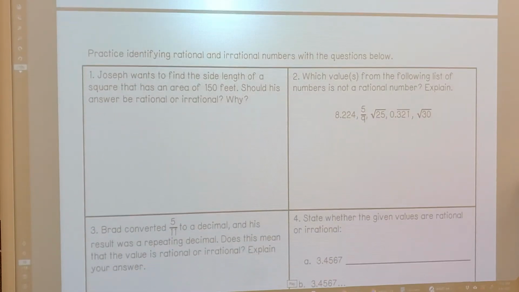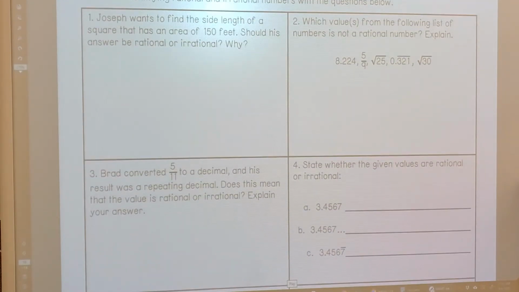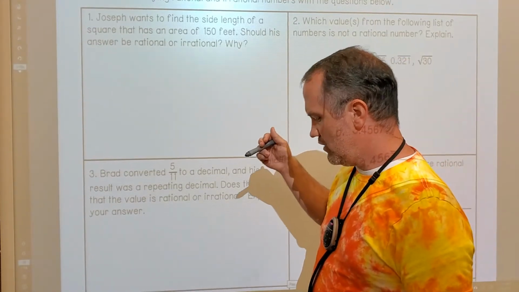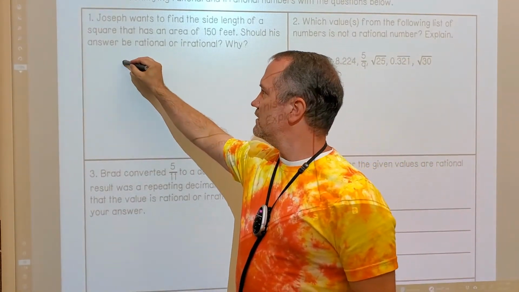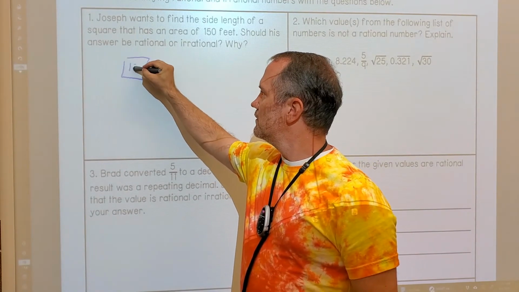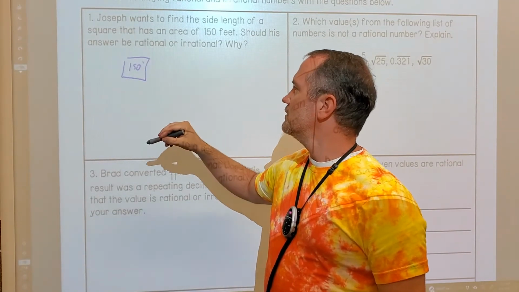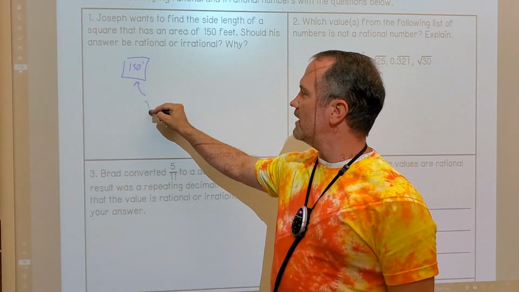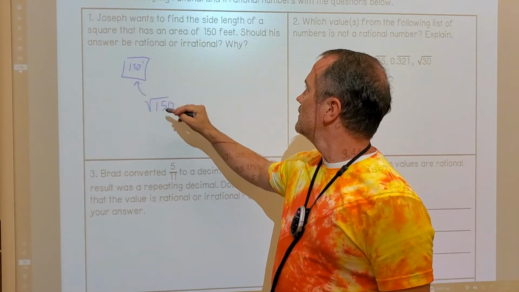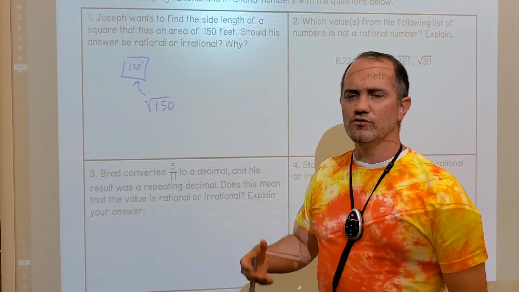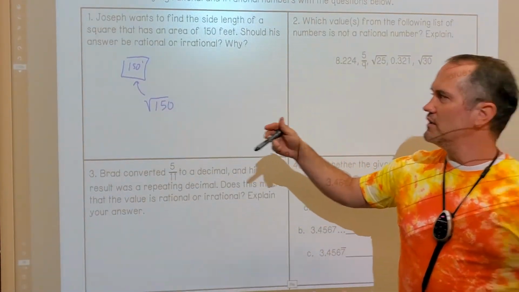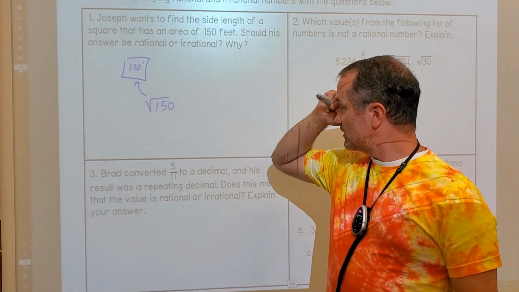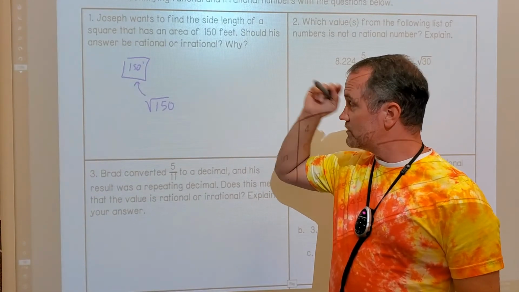Practice identifying them. Joseph wants to find the side length of a square that has an area of 150 feet. So the area is 150 feet. And so the side length of that would be the square root of that. Should that be rational or irrational, and why? Well, we look at 150 and we say, well, it's not a perfect square. 144 is a perfect square, and then 169.